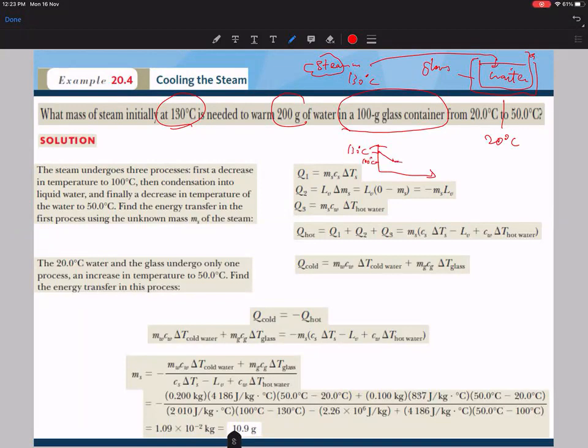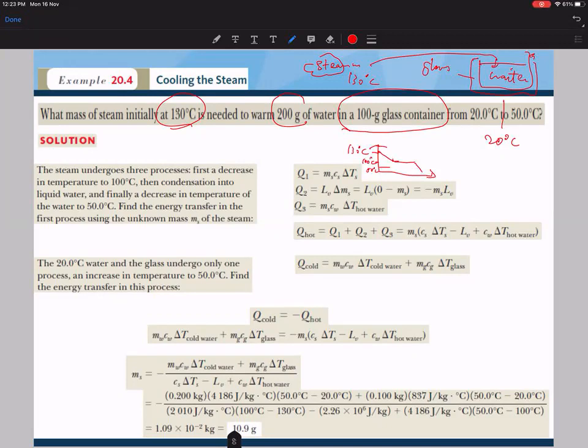And then it has a phase change to turn into water. And afterwards, it drops to finally 50 degrees C. That is the idea. So you are trying to consider the whole process in this example.